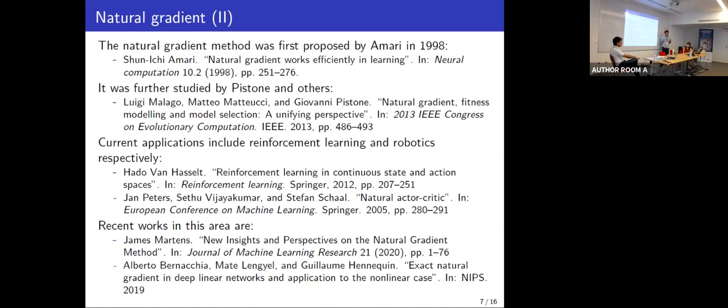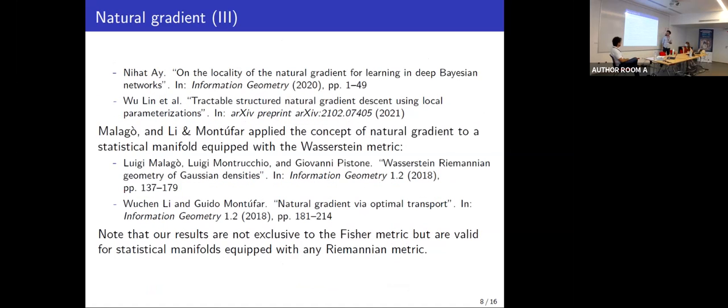And then it's still a very ongoing topic of research. There's a nice paper by Martens, who is working at DeepMind, I think, explaining quite a long paper on all kinds of aspects. And then this is a nice paper by Bernacchia, also on deep learning, so also the overparameterized setting.